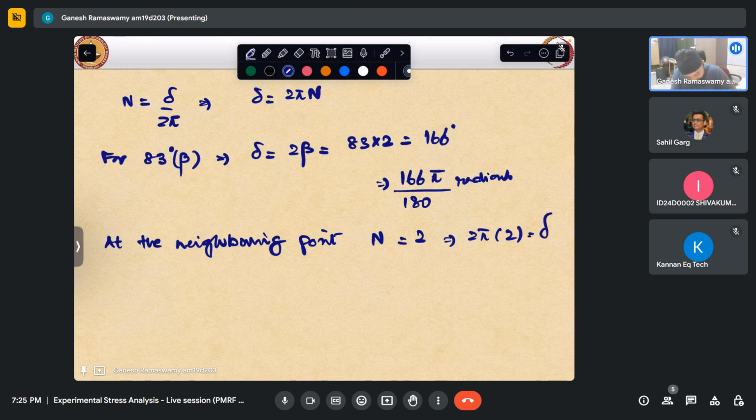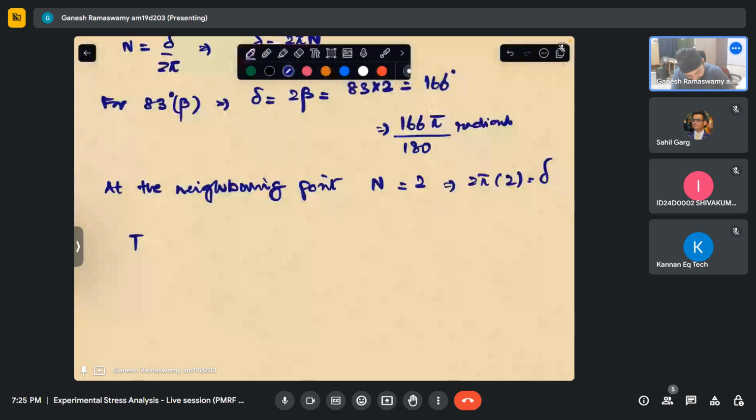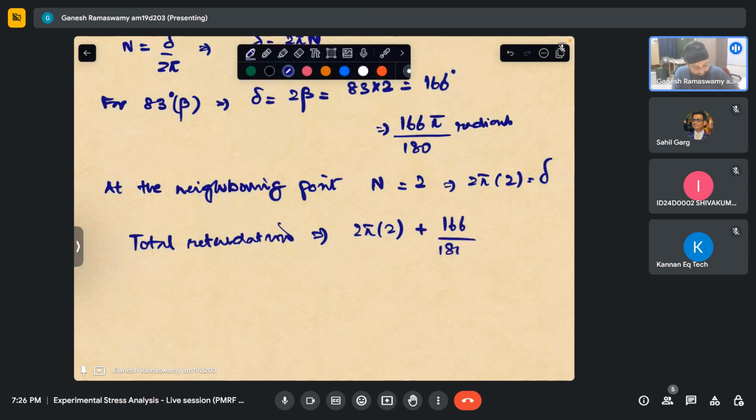So the total retardation would be 2 pi into 2 plus this 166 by 180 pi. This will be the total retardation, but we want to essentially find out the fringe order.